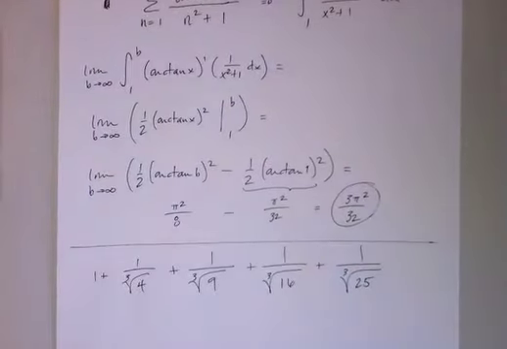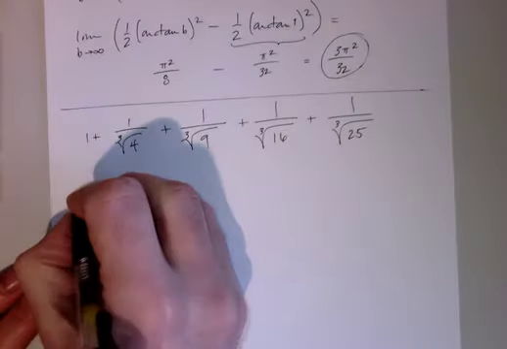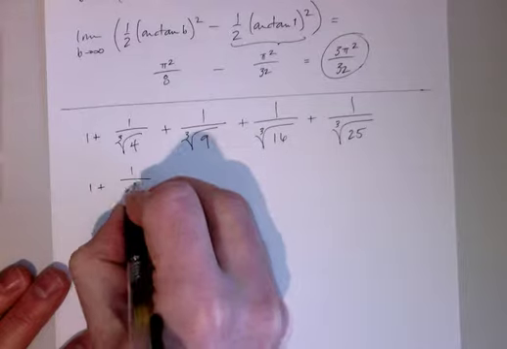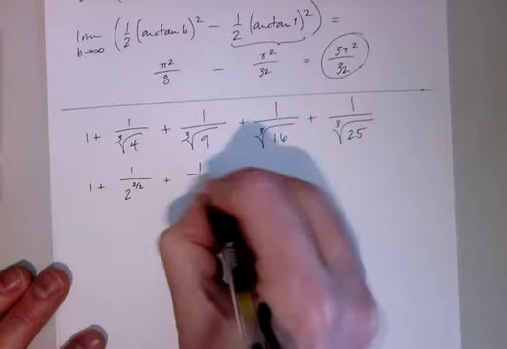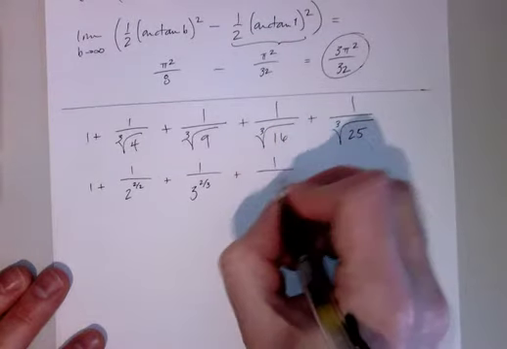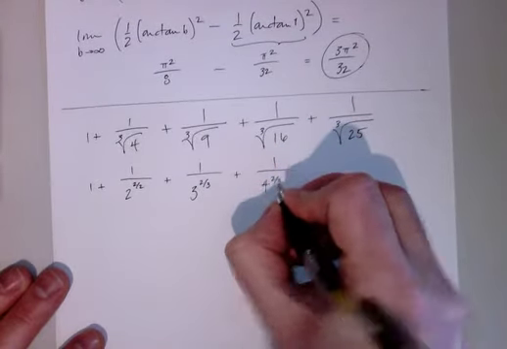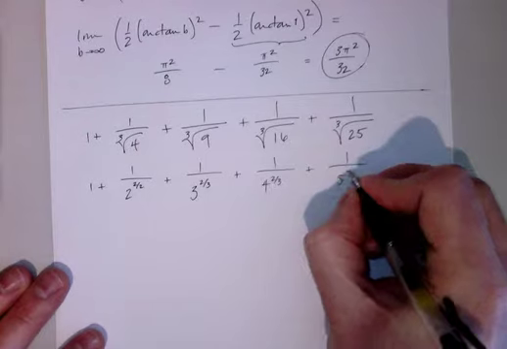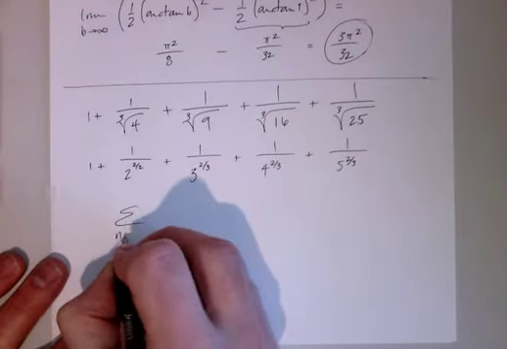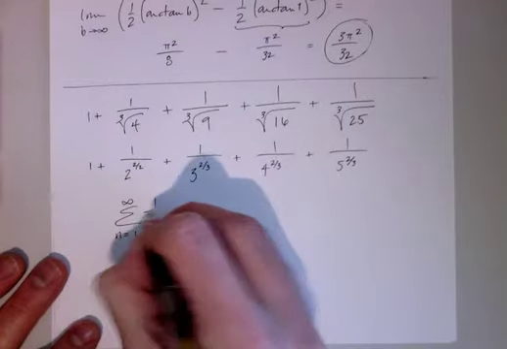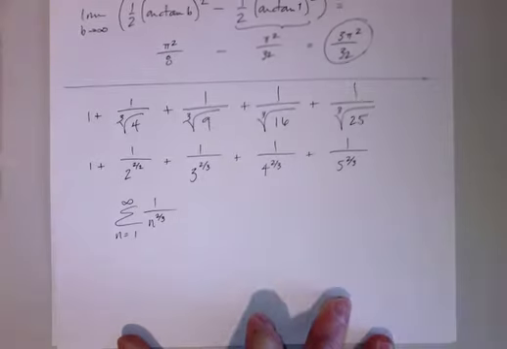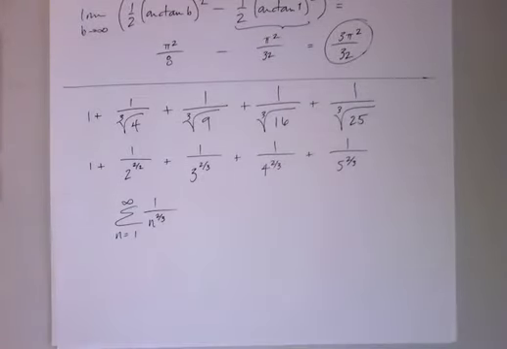Okay. Well, I don't really like the way that looks, so I'm going to change that into 1 over 2 to the 2/3, 1 over 3 to the 2/3, 1 over 4 to the 2/3, and 1 over 5 to the 2/3. So really that is the sum from n equals 1 to infinity of 1 over n to the 2/3. Well, my p-series test told me what?